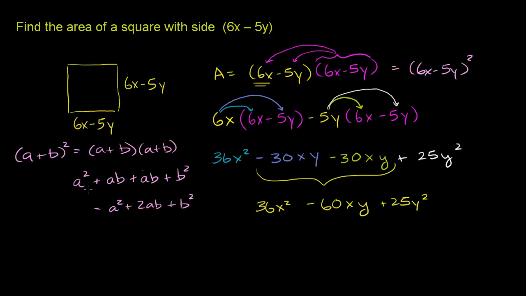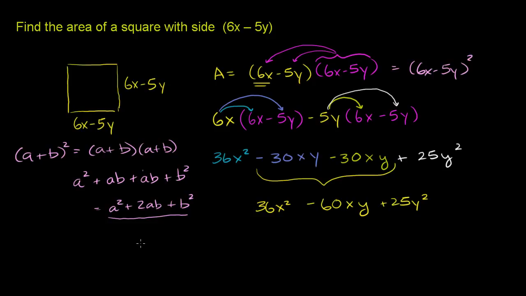This is the fast way. If you're squaring any binomial, a plus b squared will be a squared plus 2ab plus b squared. And if you knew this ahead of time, then you could have just applied that to the squaring of the binomial up here. So let's do it that way as well.